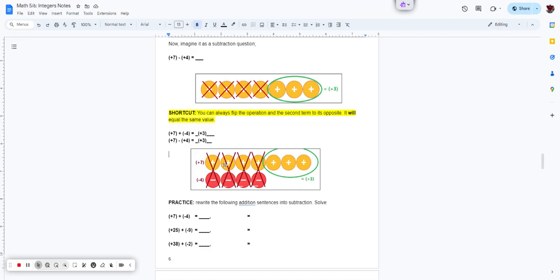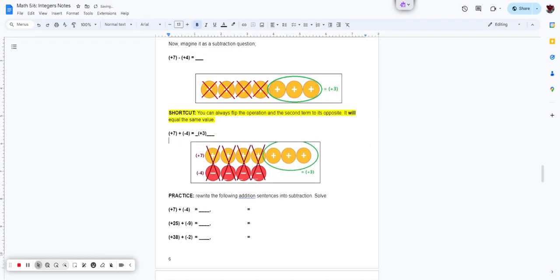So when we're adding the negative, here's how it looks with our integer chips. We've got the $7 allowance again, 7 positives. And this time we owe dad money. So that's debt. Whenever you're owing money, we call that debt. And that debt is $4, so it's negative 4.